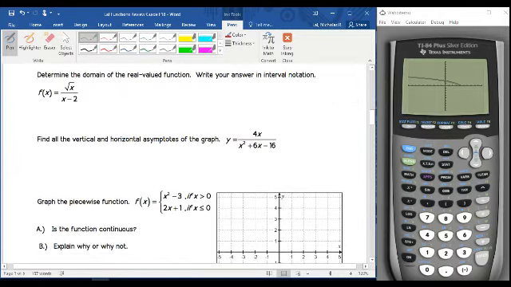All right, determine the domain of this real valued function. Write your answer in interval notation. So remember, whenever you have two domain restrictions, you take the most restrictive domain. Not only can you not take the square root of a negative number, you cannot divide by 0. So mathematically we can write x minus 2 cannot equal 0. Add 2 to each side. x cannot equal 2.